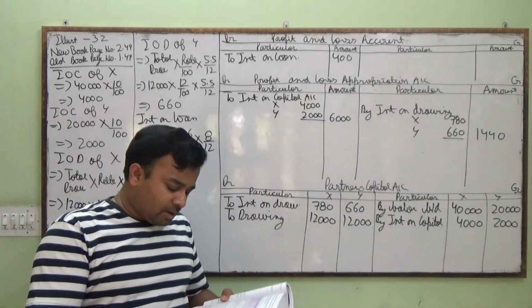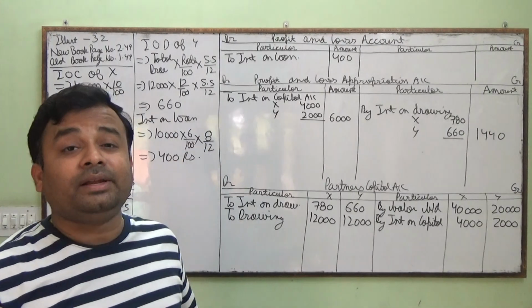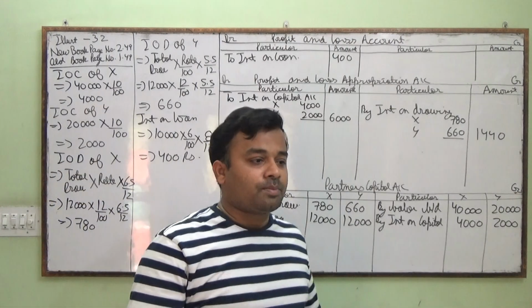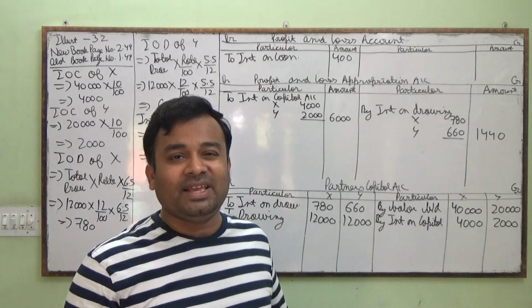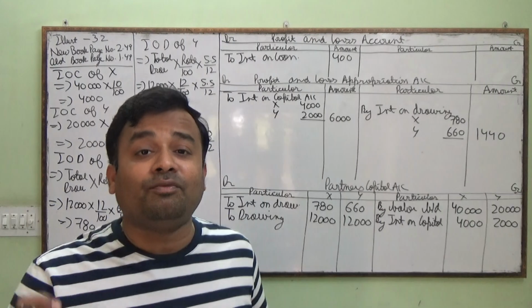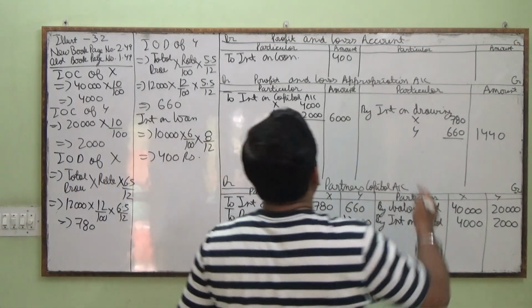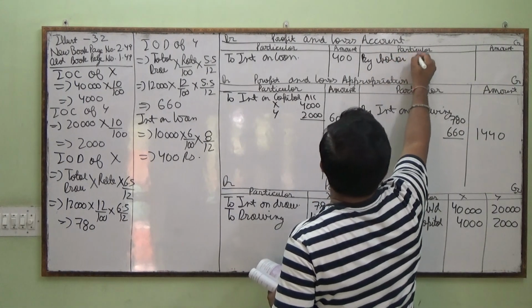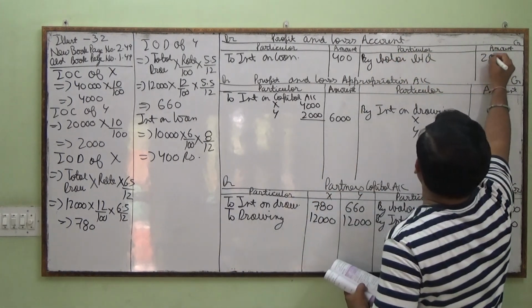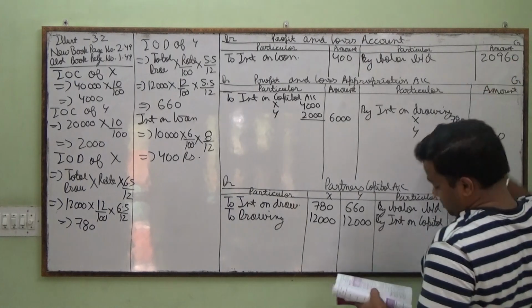The profit for the year before the above mentioned adjustments is 20,960. So net profit given in the question is 20,960. Net profit means credit balance of profit and loss account. So this is your profit and loss account. On the credit side, by balance brought down 20,960.